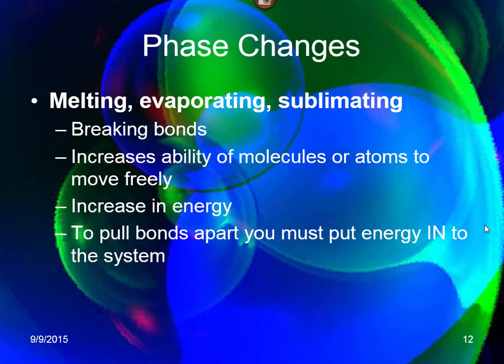It does take some energy, not very much, because these are just magnets, but it does take some energy on my part to pull these atoms away from each other. To pull bonds apart, you must put energy into the system. If you are putting energy in, that change is endothermic.